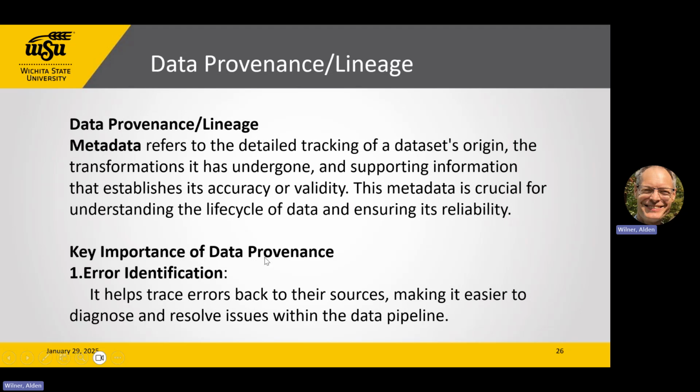And so your key importance of that, several features. First is, two main features, I guess, right? Error identification. If you find an error in your code, you need to be able to figure out where it came from. Is that source unreliable? Is this Andrew Wakefield, who published a study back in the 1990s saying that vaccines cause autism, and was later found out to have faked up most of his data.